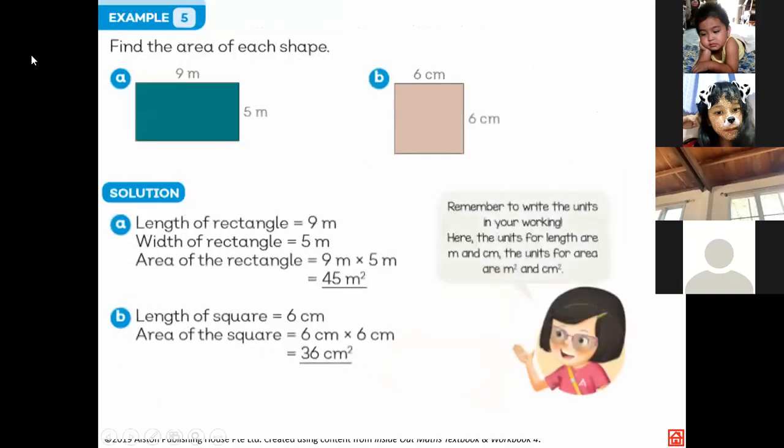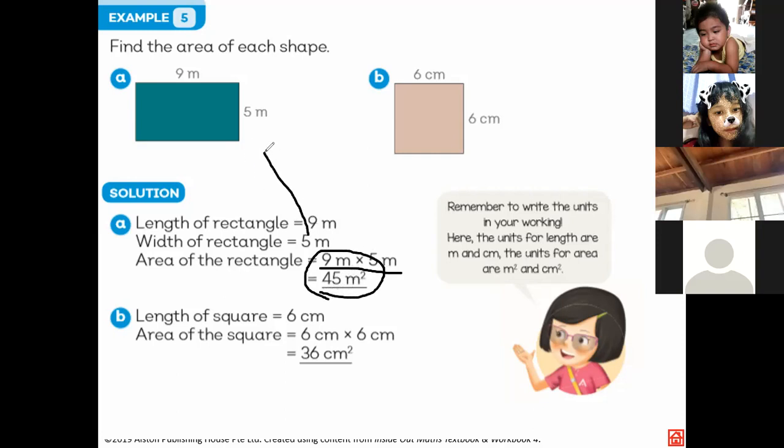All right, now let's try example number 5. Find the area of each shape. We have letter A and letter B. Letter A is a rectangle, letter B is a square. It's the same thing. 9 meters multiplied by 5 meters is 45 meters squared.